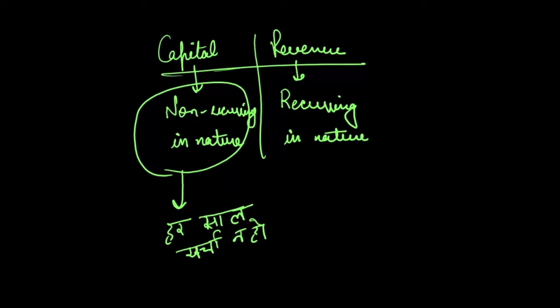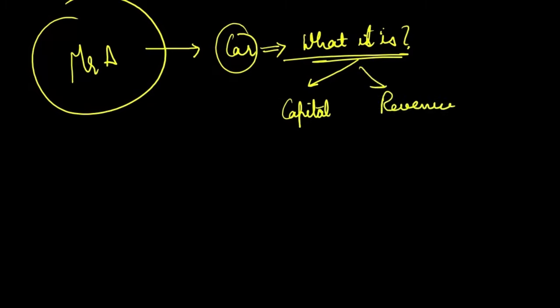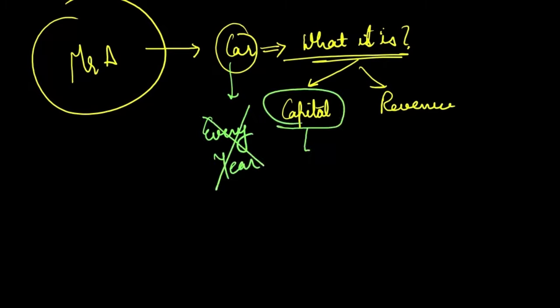Let's understand with the example of Mr. A. If he invests in a car, what is it? Capital or revenue? क्या वो हर साल लेगा? No. So this is capital expenditure.